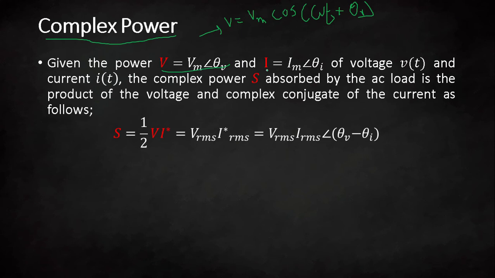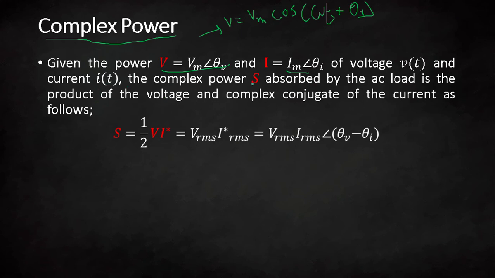Current can also be represented as I equal to Im at an angle of theta I. In sinusoidal form, I is equal to Im cos of omega t plus theta I. That is the voltage V of t and current I of t.